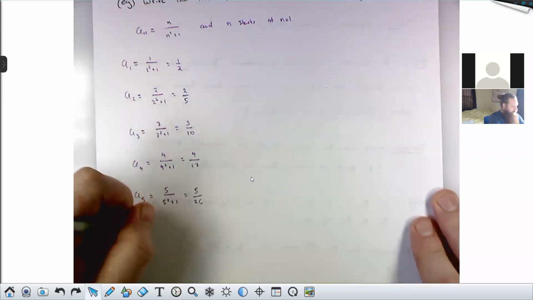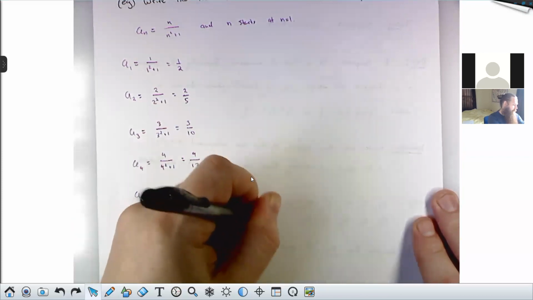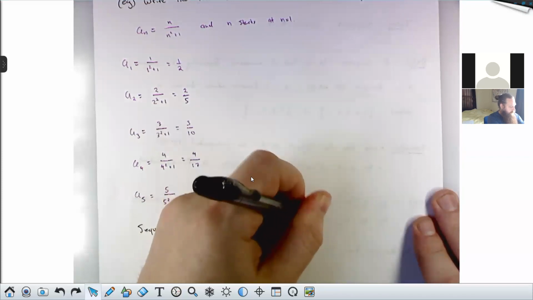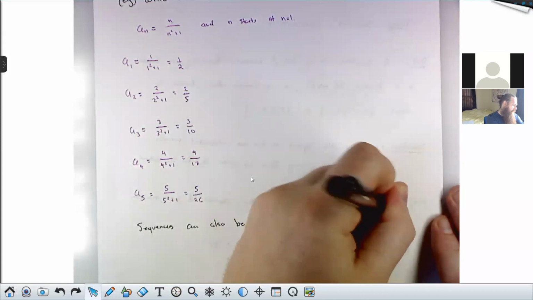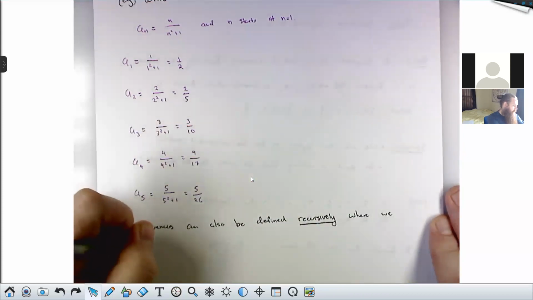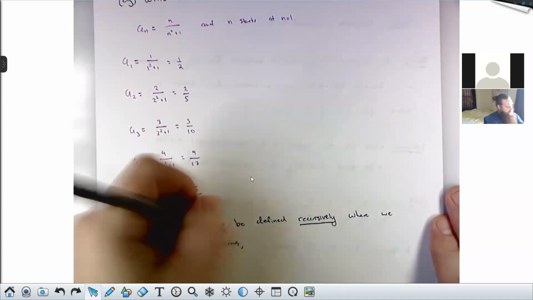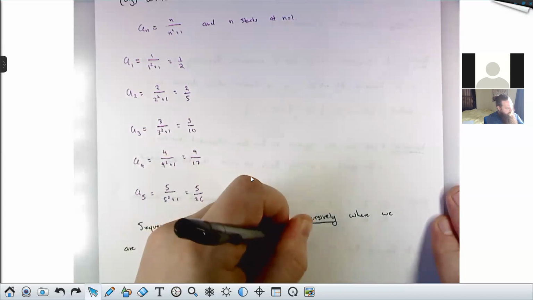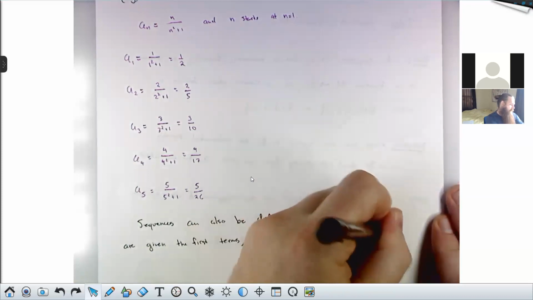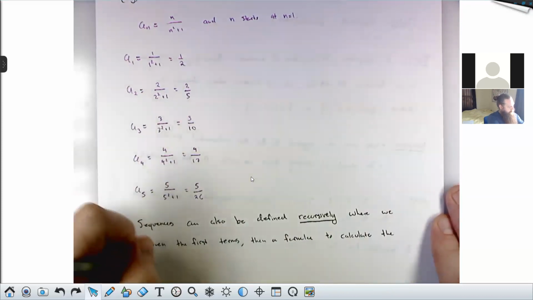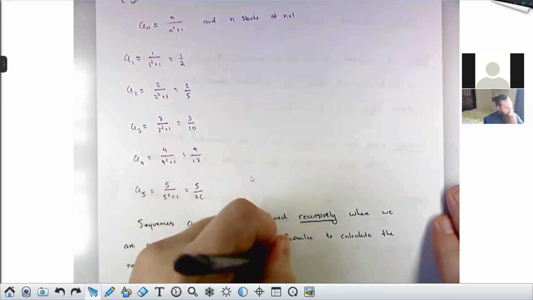So sequences can also be defined recursively, where we are given the first few terms, then a formula, not for the nth term in general, but to calculate the next term as a combination of the previous terms.